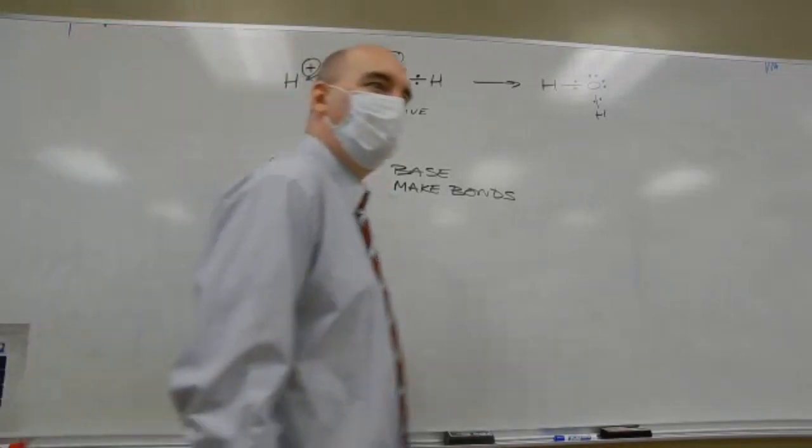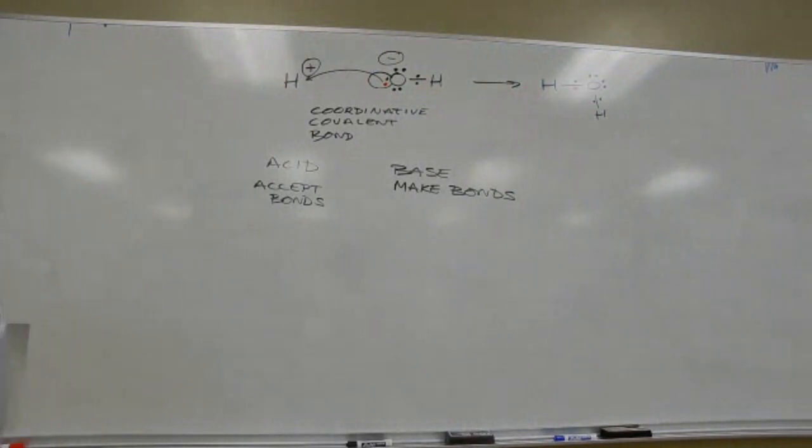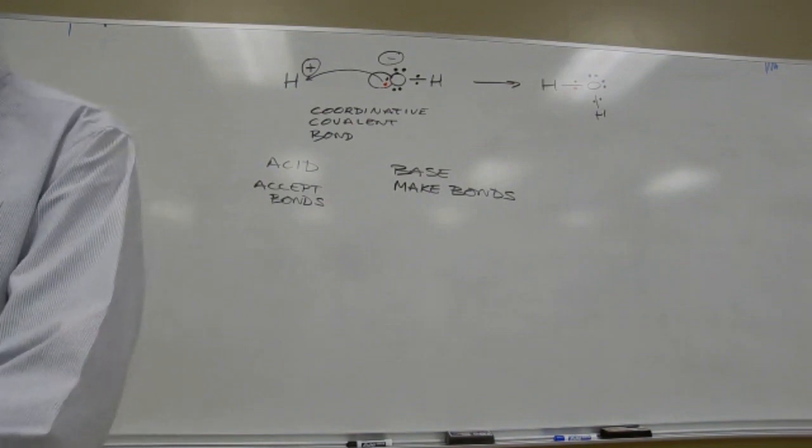Take a second and think about all of the chemicals that we're going to be faced with, where on the periodic table are the elements that are obviously going to be basic? Let me see if I can do this for you playing along at home.